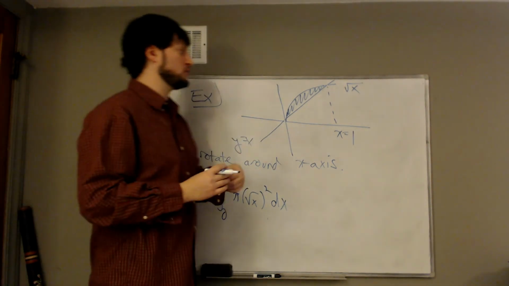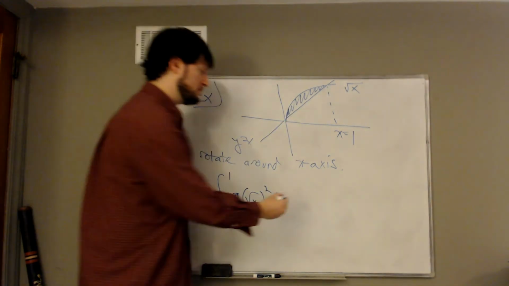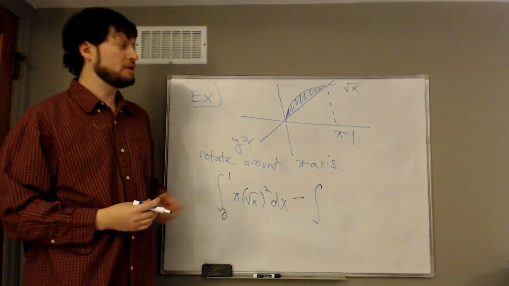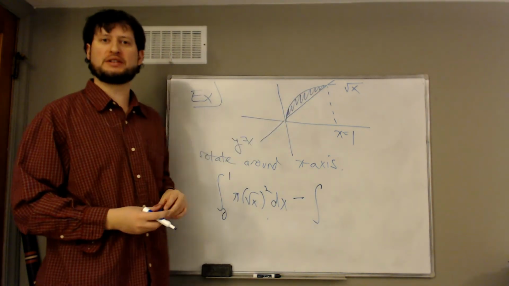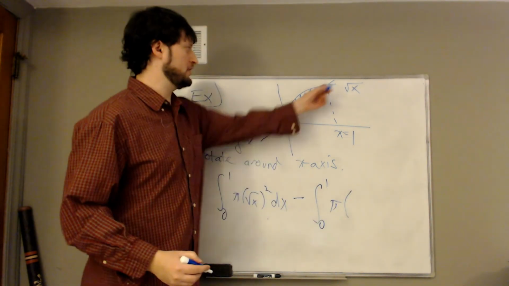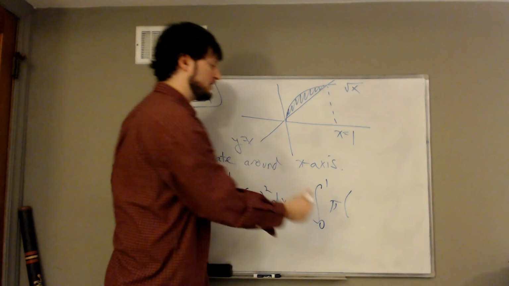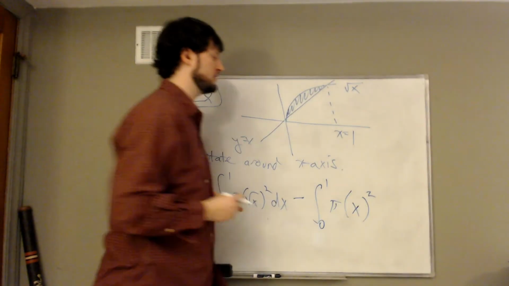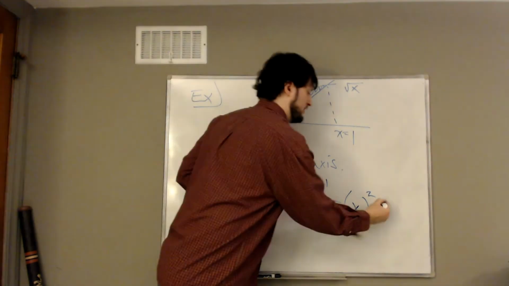Now we also need to take out the middle piece, which means I need to subtract what I would get if I rotated the inside piece around. So that's 0 to 1, pi, and r in this case is the y equals x, so that's x squared dx.